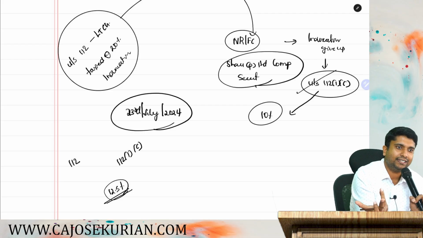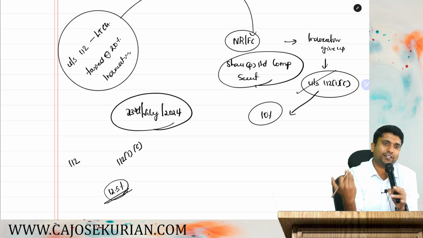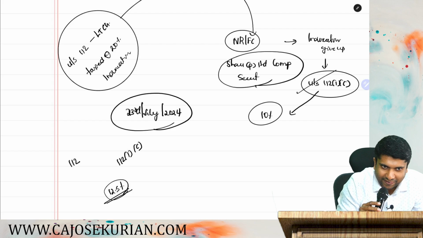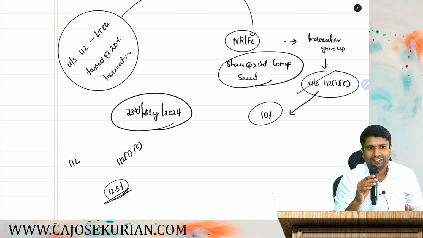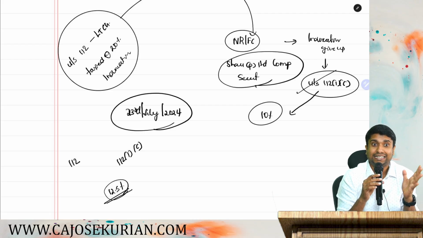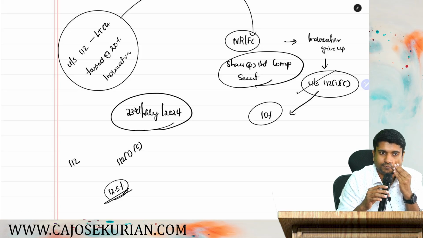Anyways, you will not get any indexation benefit. Whether you transfer shares of a public company or shares of a private company, it doesn't make any difference. Are you with me? So don't get confused with everything. Always learn the latest things. Always learn the latest amendments, because that is more important for us.